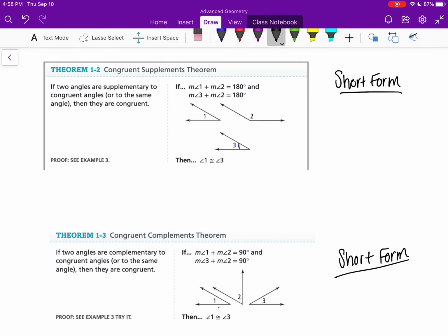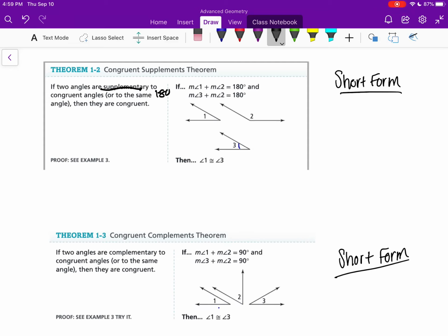The congruent supplements theorem states that if two angles are supplementary, which we remember means that they add to be 180 degrees, and they are supplementary to congruent angles or to the same angle, then they are congruent. And our diagram here kind of clarifies that for us.